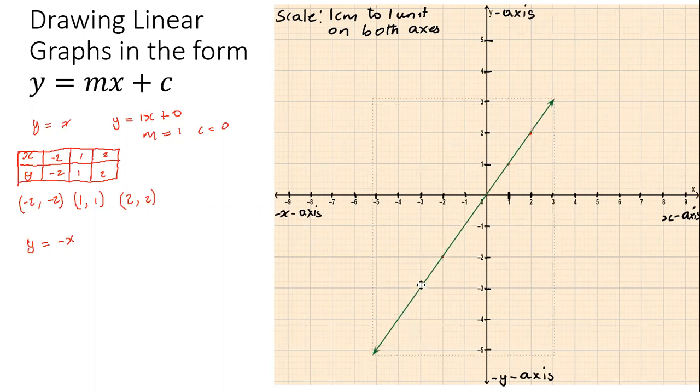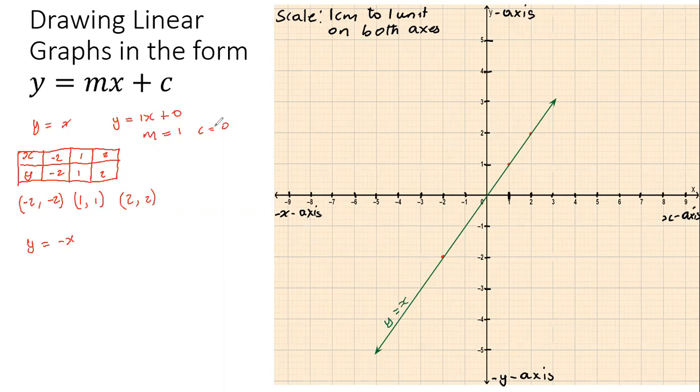Like that. And that's the line y equals x, but you must also ensure that you label the line. So we're going to label it. So this is the line y equals x. All right.